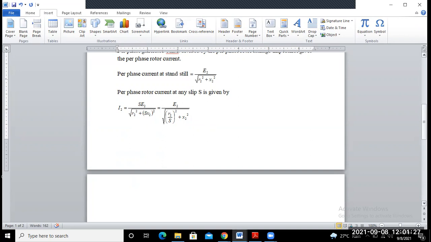So this is the value of rotor current at any slip S.